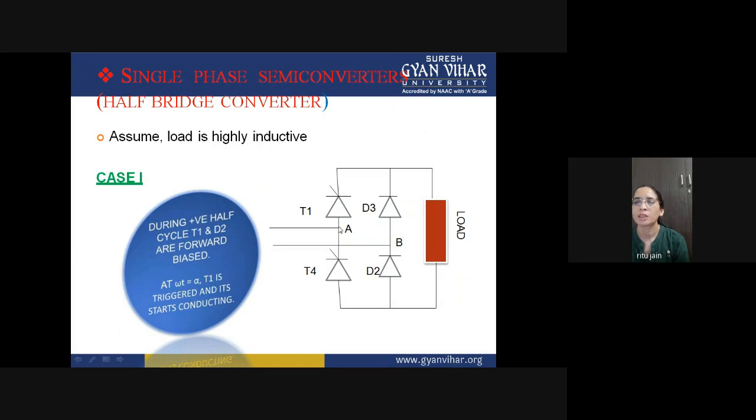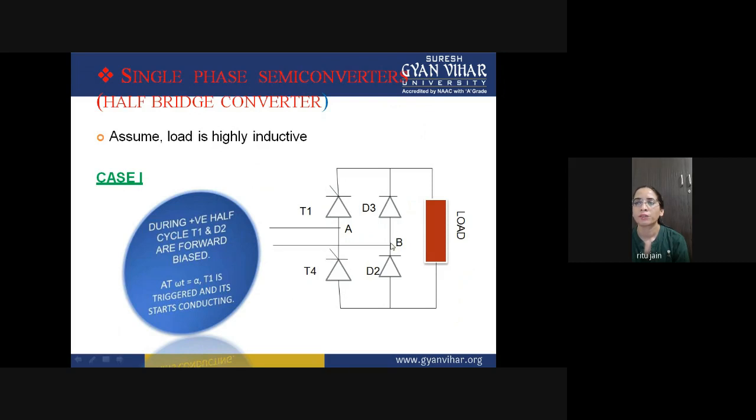When this terminal is negative, it is making thyristor T1 in reverse blocking state, and this terminal is negative, then T4 is in forward blocking mode. So by applying a gate pulse, you have to turn on the SCR, and by applying the gate pulse, the thyristor will become forward conducting.